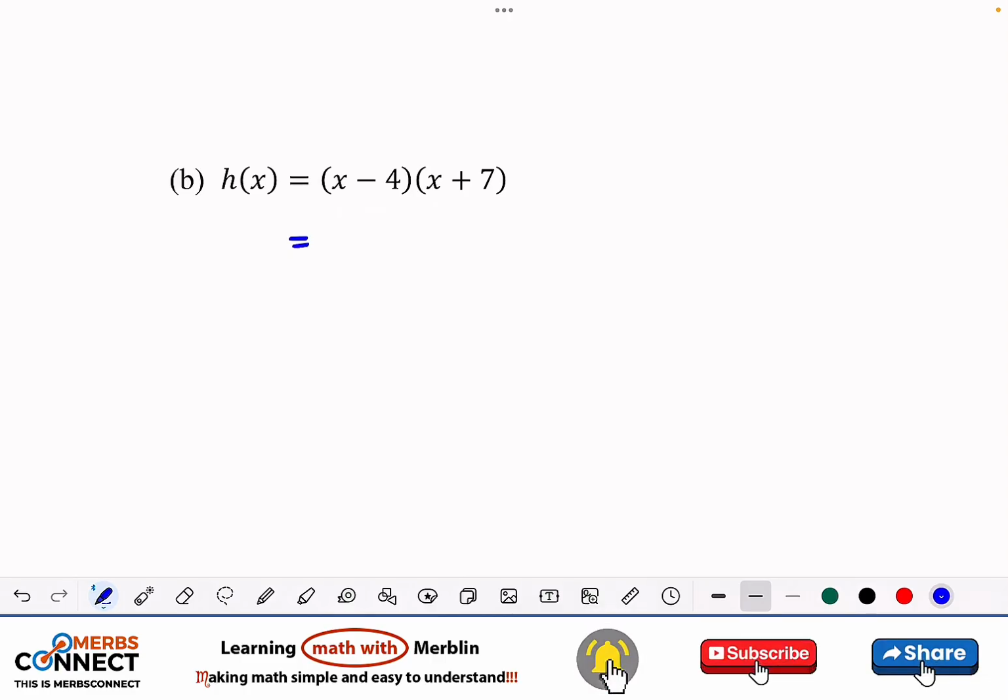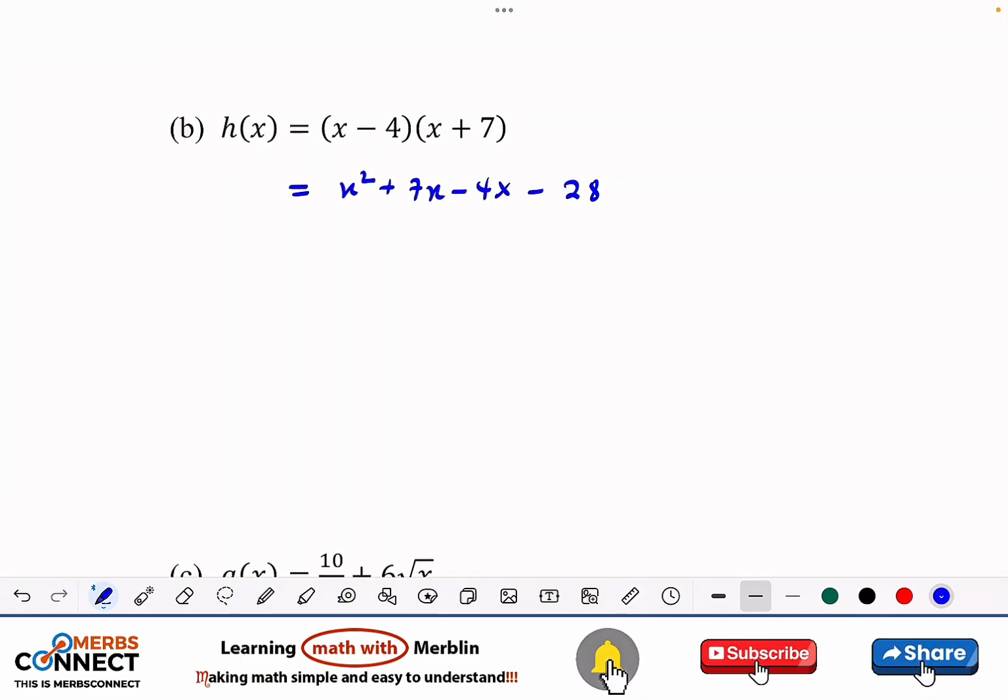So x times x is x squared, x times 7 is 7x, minus 4 times x is minus 4x, and then minus 4 times 7 should be minus 28. Is that right? Yes, it's right.